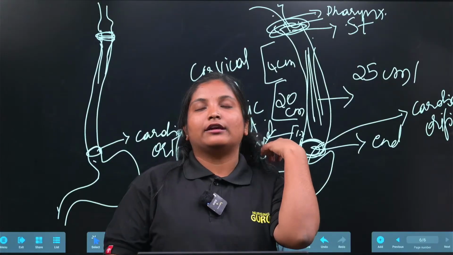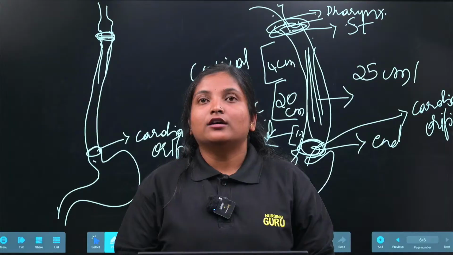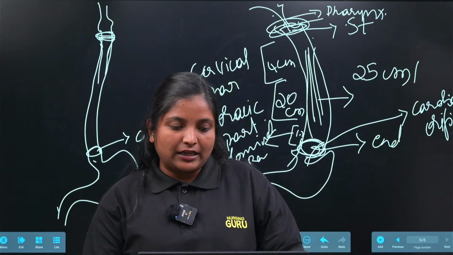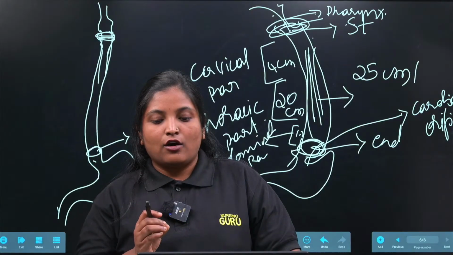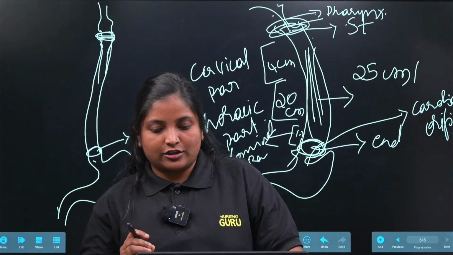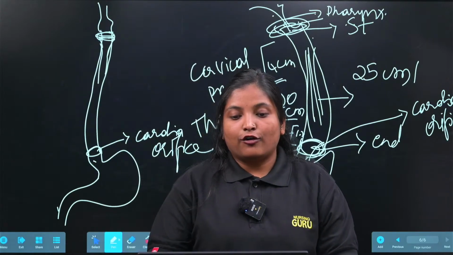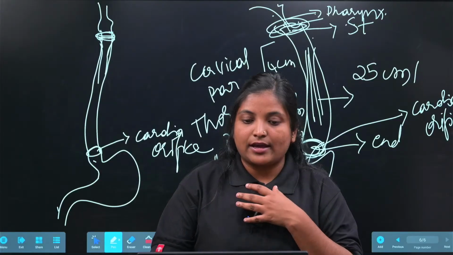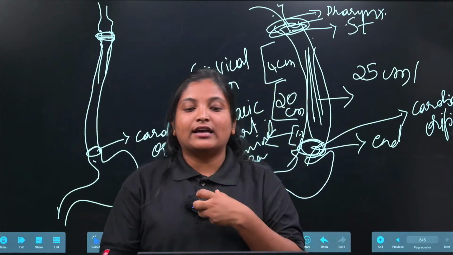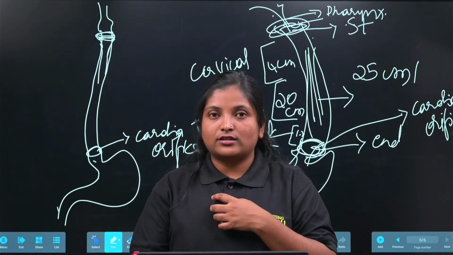If they are asking about the esophagus, you can write this down, and if they are asking for a brief answer, write some constrictions also. Normally there will be 3 or 4 sites of anatomical constrictions, narrowings in the esophagus.